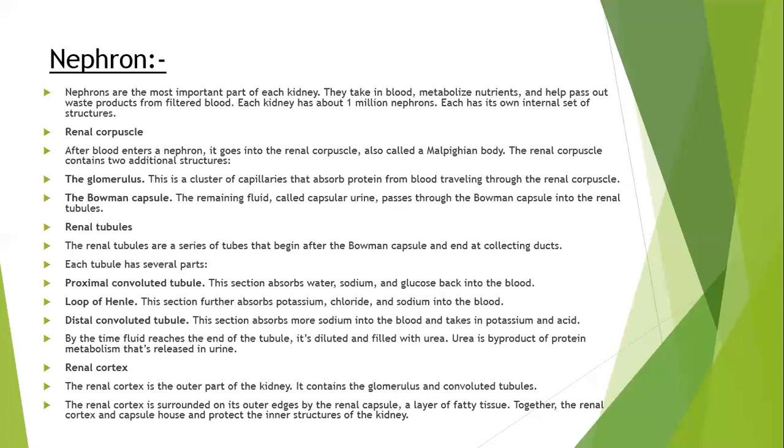What is the renal cortex? The renal cortex is the outer part of the kidney. It contains the glomerulus and convoluted tubule. The renal cortex is surrounded on its outer edges by the renal capsule, a layer of fatty tissue. Together, the renal cortex and capsule protect the inner structure of the kidney.